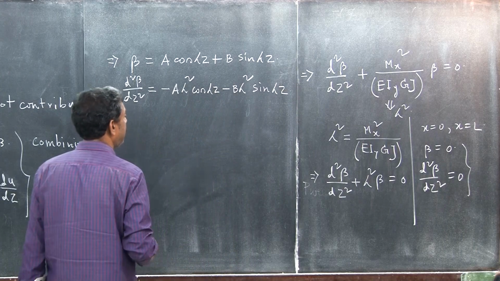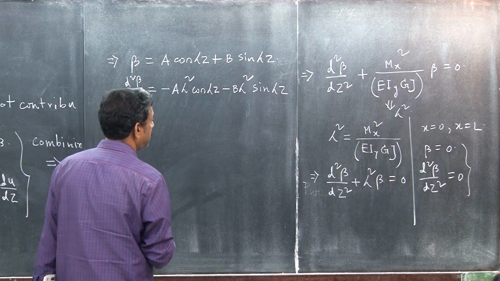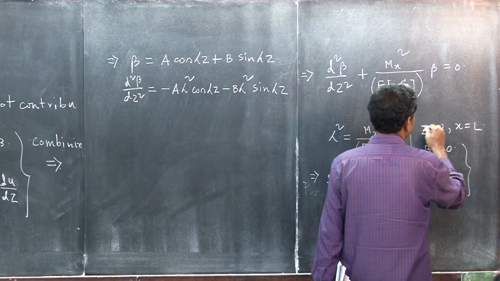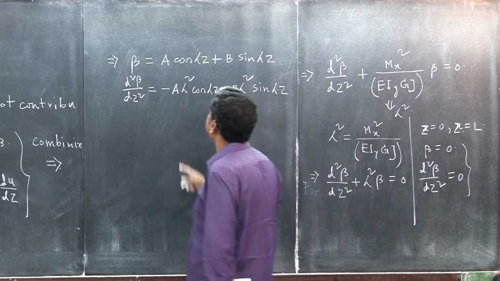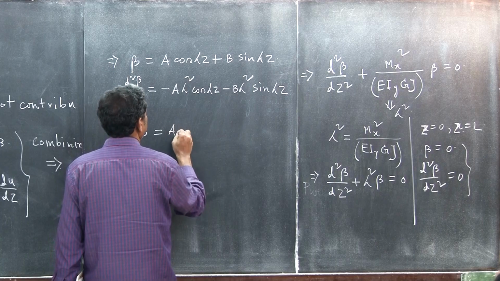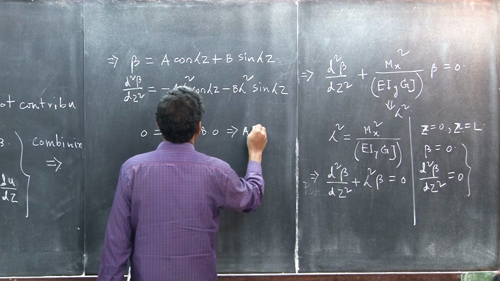So if you substitute beta equal to 0 at z equal to 0, sorry, this is not x, it's z, you get a times 1 plus b times 0, so a is basically 0.